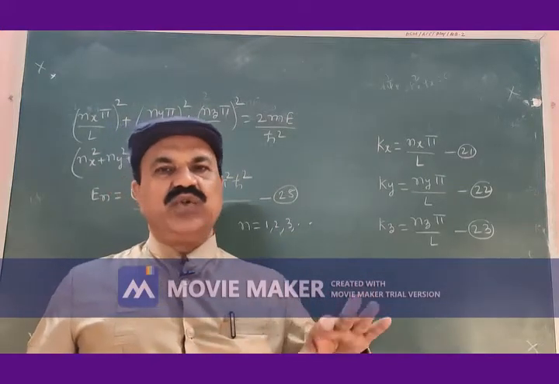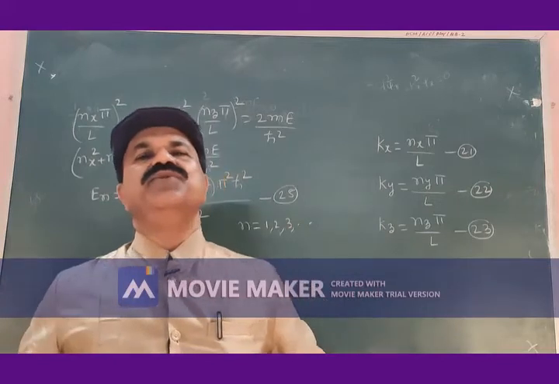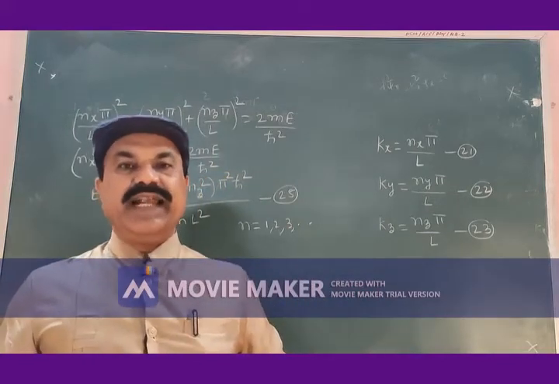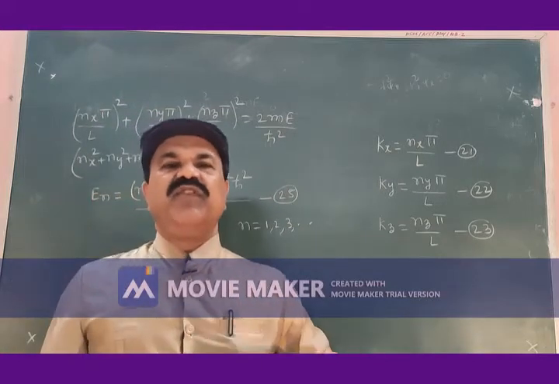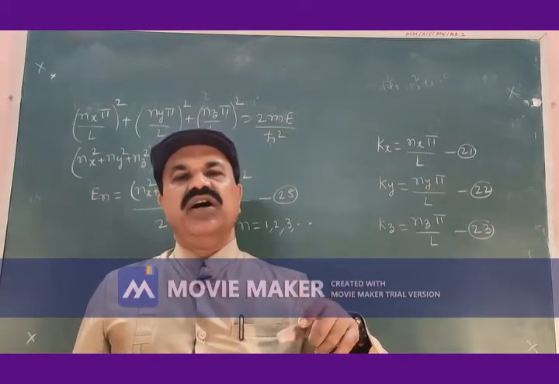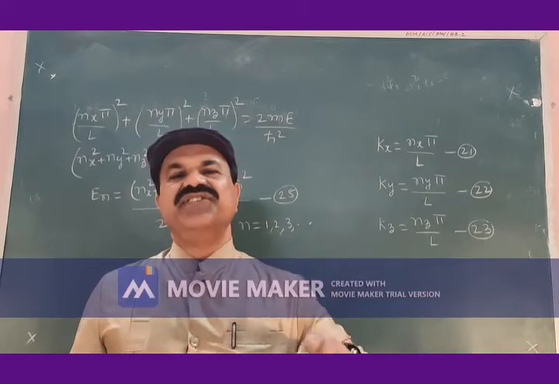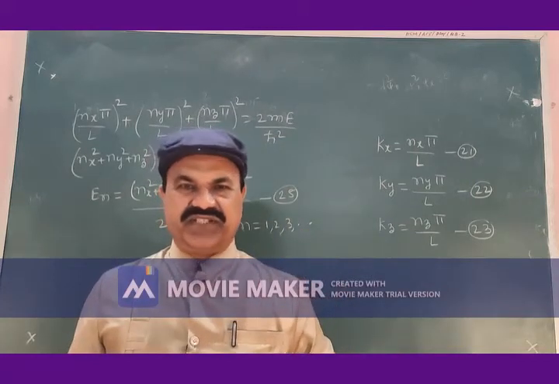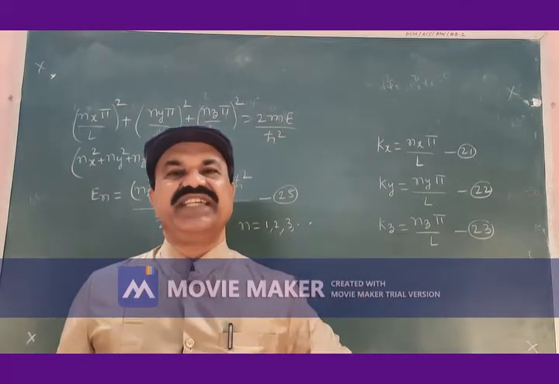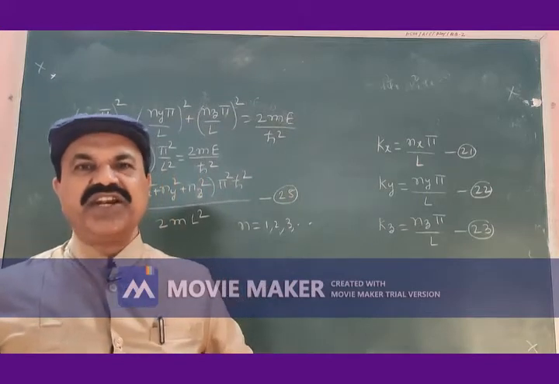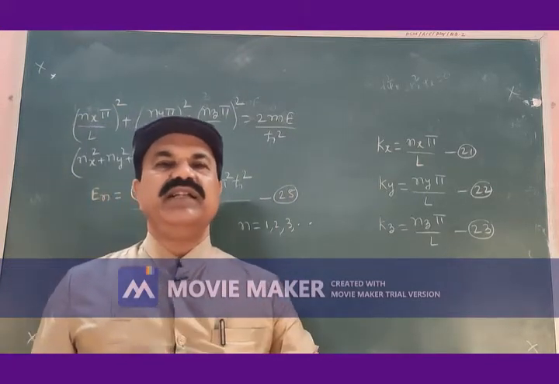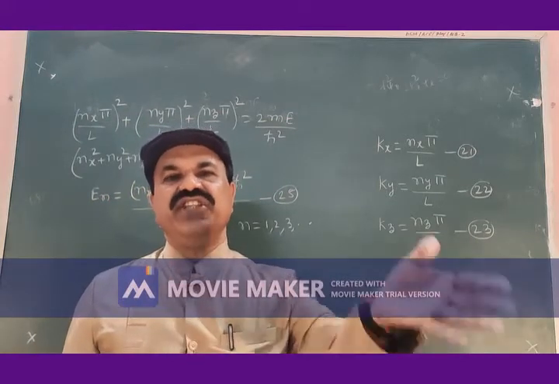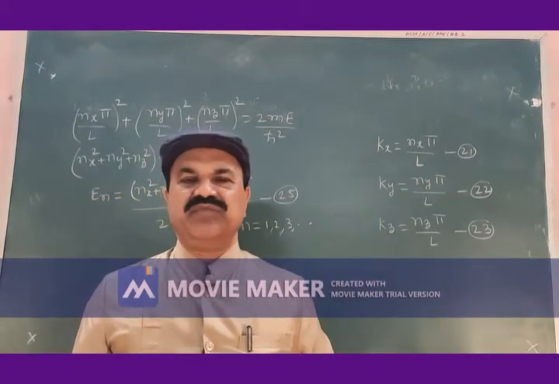It is not allowed to have all the values of energy, and therefore energy of the particle performing motion in a three-dimensional box is quantized. It is discrete. Continuous energy spectrum is not allowed for the particle performing motion in the three-dimensional box.